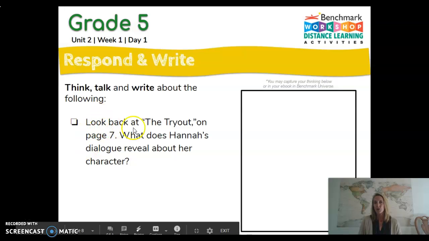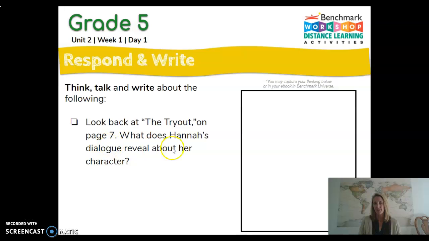we're going to have you look back at The Tryout on page 7. What does Hannah's dialogue reveal about her character? This is a place that you're going to use quotes from the text. So find the exact words Hannah is using on page 7, and then you're going to infer.